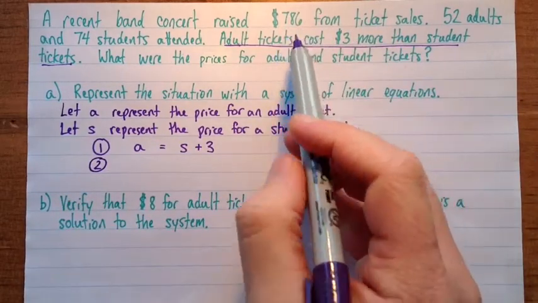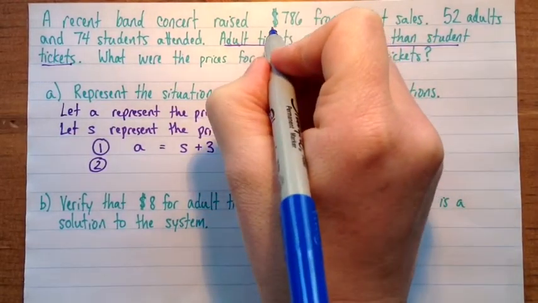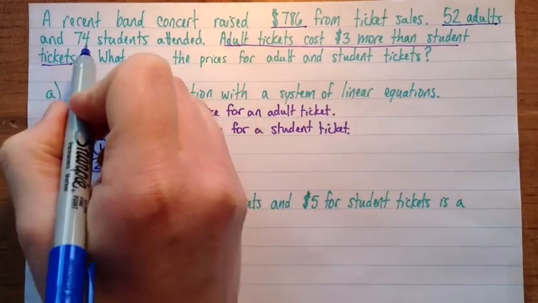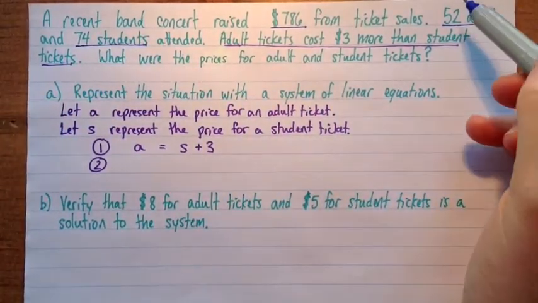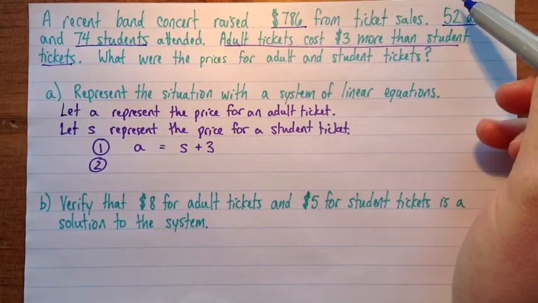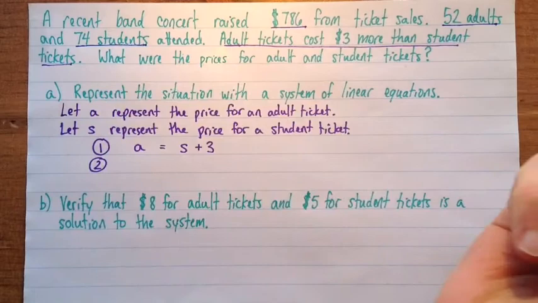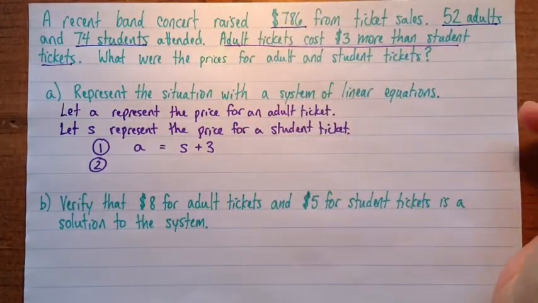We know that altogether we raised $786. Maybe I'll do this in a different color. $786 altogether, and we know that there were 52 adults and 74 students. So if I figure out an expression for how much money we should have raised with 52 adults and 74 student tickets, then that should be equal to 786.